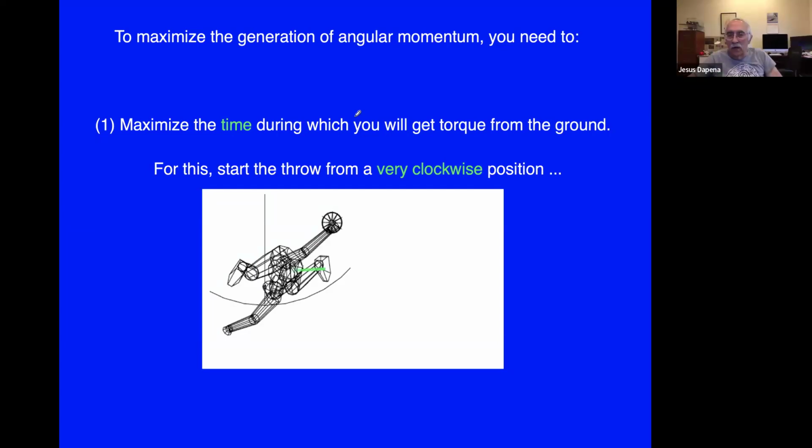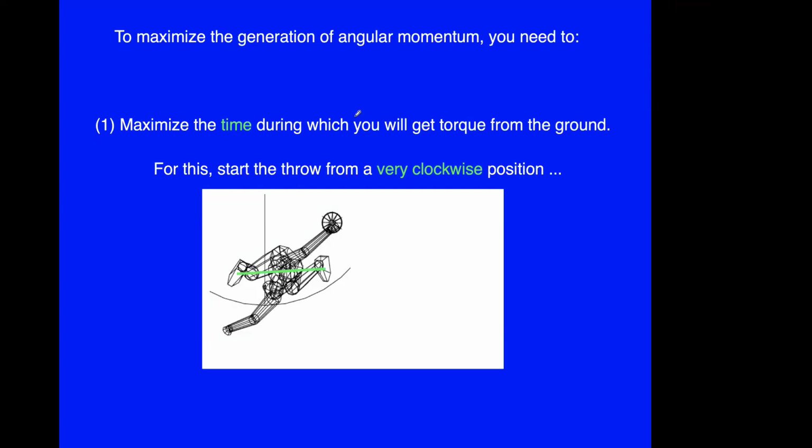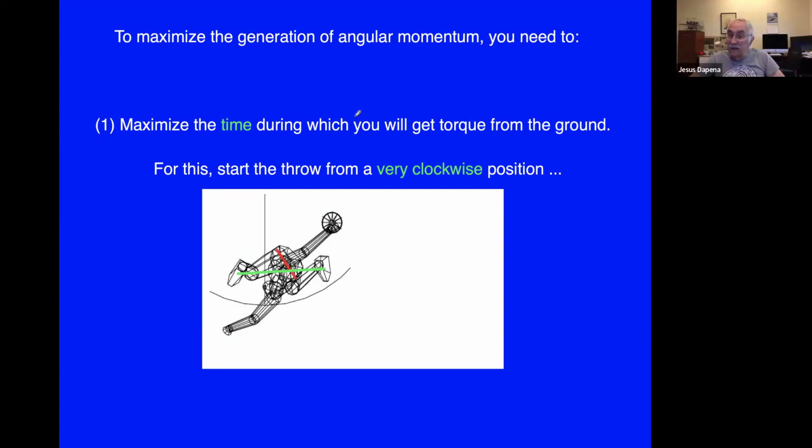So if you look at the feet, that green line shows the positions of the feet. And then if you look at the hips, the red line, that's clockwise relative to the feet. Then the shoulders are clockwise relative to the hips. And the arms are a little bit clockwise relative to the shoulders.